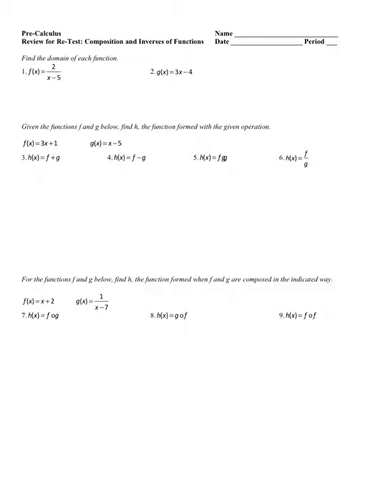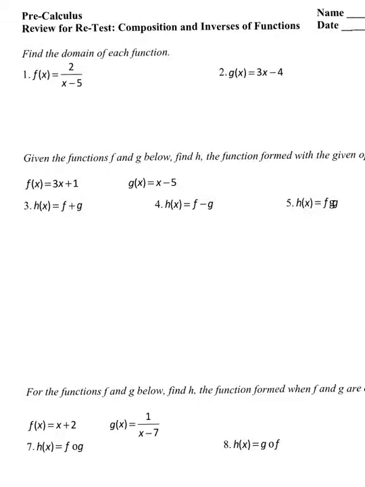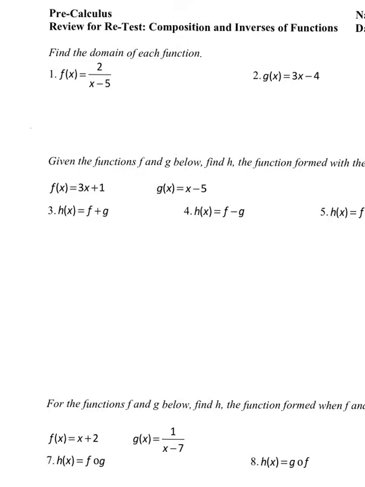All right, guys, we're looking at questions 1 and 2, where they tell us to find the domain of each function. And so, we ask ourselves the question, does this function have a domain restriction? If you look at question 1, it is a rational function, and you guys are really good at rational functions because you've been studying them a lot recently, and what you know about them is that they have asymptotes.